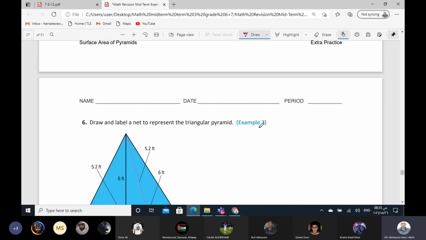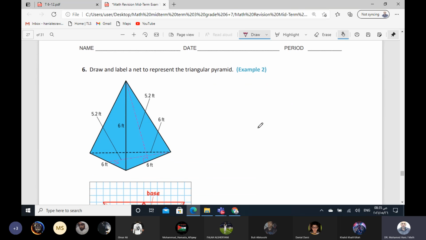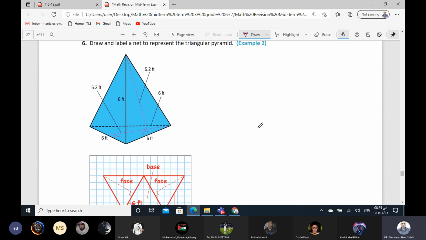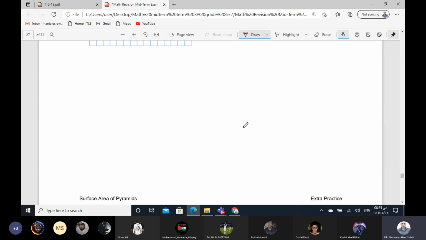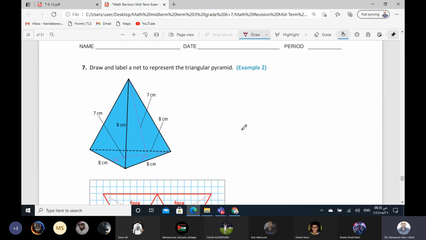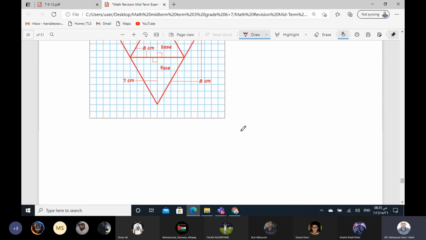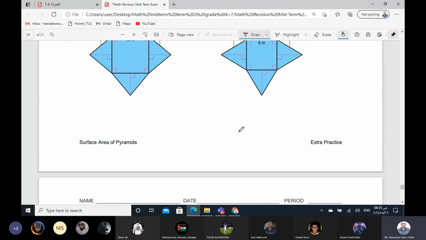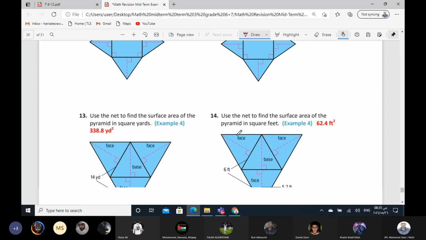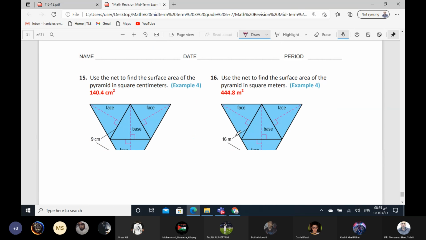So I want all of you to revise how to find the volume and how to find the surface area for the triangular prism, the rectangular prism, and the pyramid. So please revise all of these issues. Okay, who has any question? No questions?